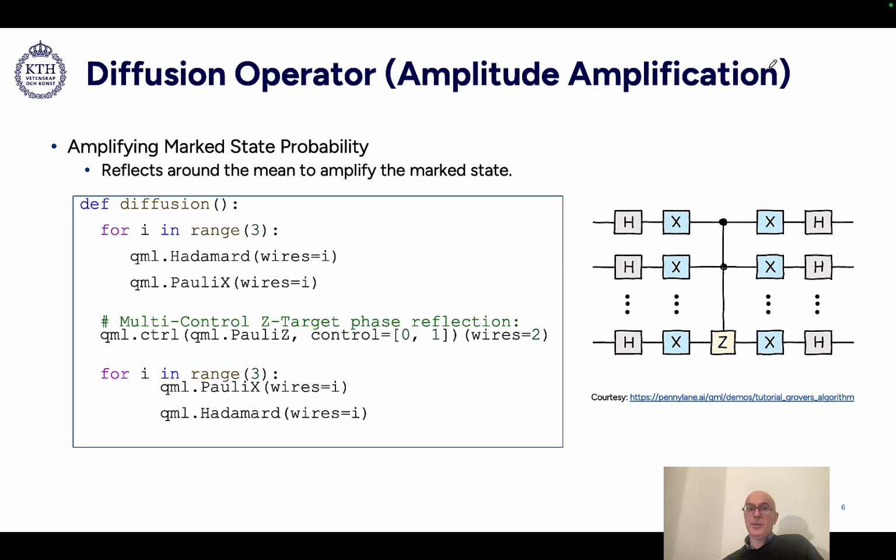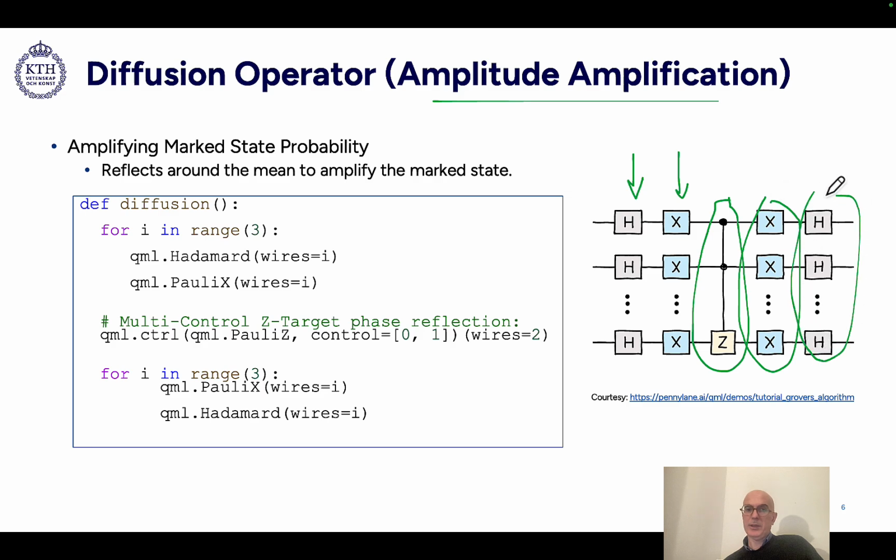The second step is to apply the amplitude amplification or diffusion operator. That is a quantum circuit that is represented here on the slides. We apply Hadamard gates on each qubit, and then we apply NOT gates, or X gates. Then we apply a multi-controlled Z gate, and then we have the symmetric quantum circuit configuration, a number of X gates and Hadamard gates.